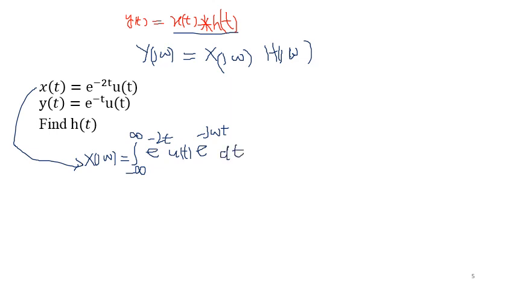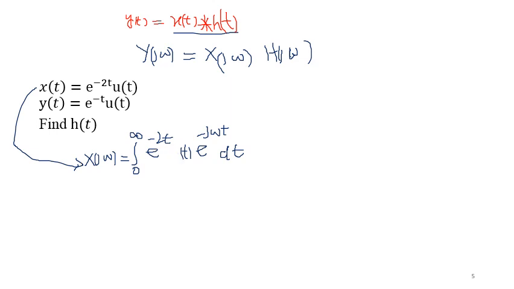Because we have u of t here, the limit cannot start from minus infinity, because u of t is 0 there, so the product is 0 from minus infinity up to 0.